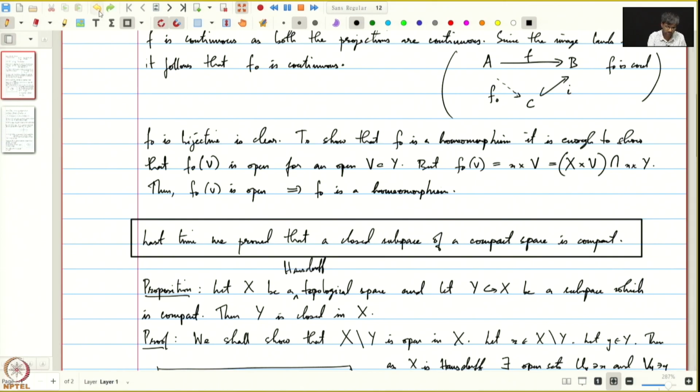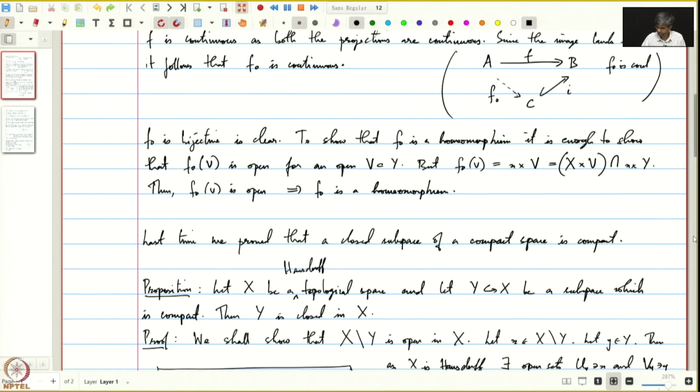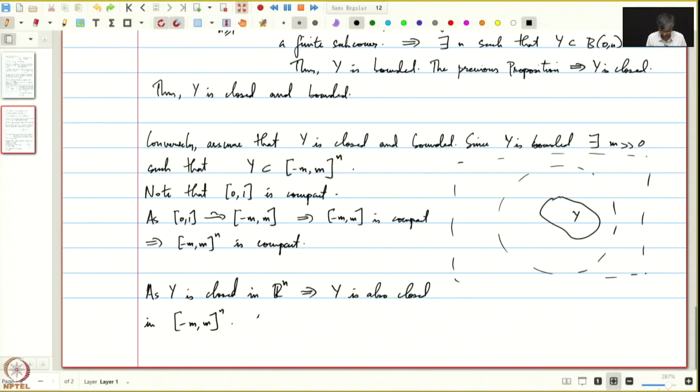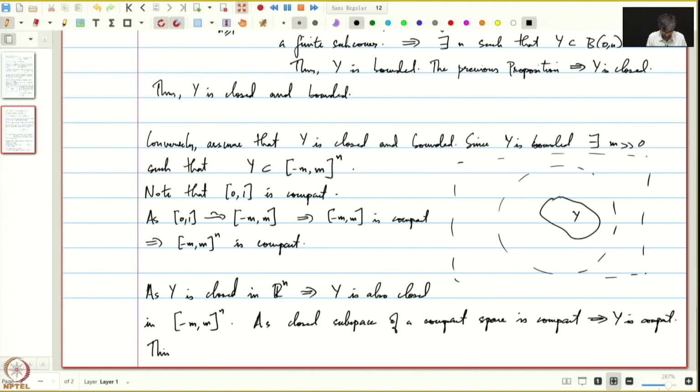So using that, as a closed subspace of a compact space is compact, this implies y is compact. Right. So this completes the proof of the theorem.